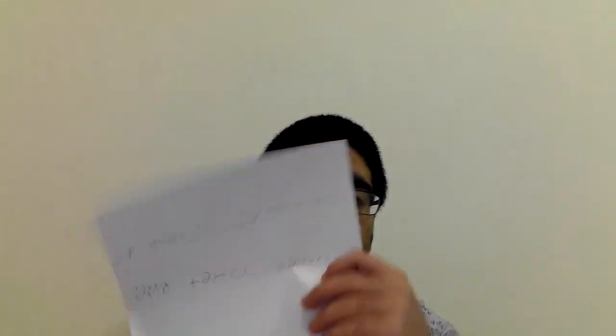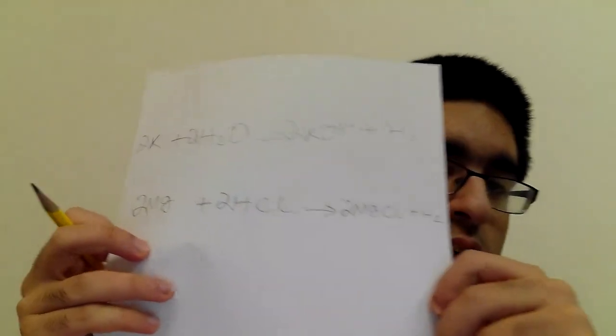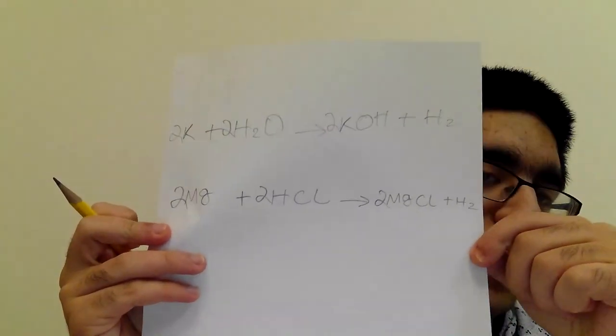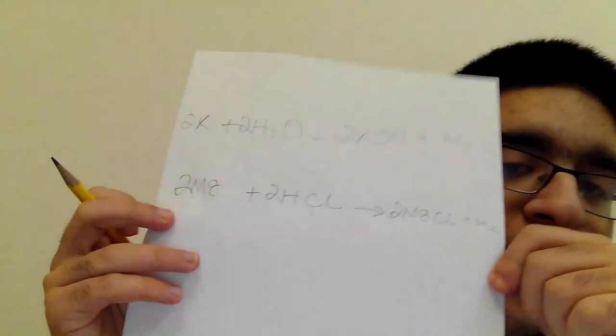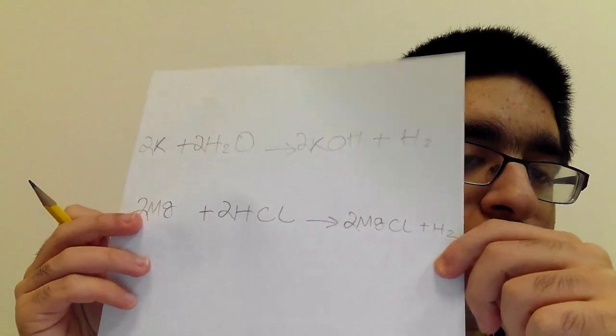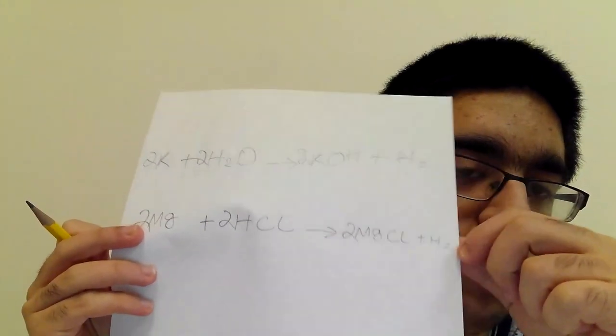So for example, you could have pretty much any metal, but obviously copper, silver and gold won't react with dilute acid or water. But something like magnesium, calcium, potassium, sodium, lithium, any of those can be used basically. And for example here, magnesium plus hydrochloric acid gives you magnesium chloride and hydrogen. So that will be the reaction there. That's the second one I'm talking about, because we've already been through the first one.